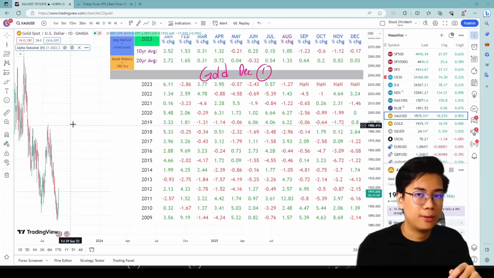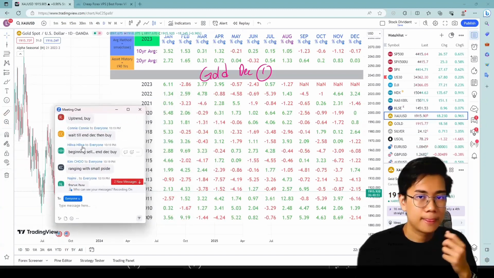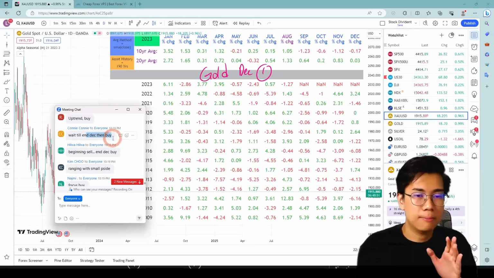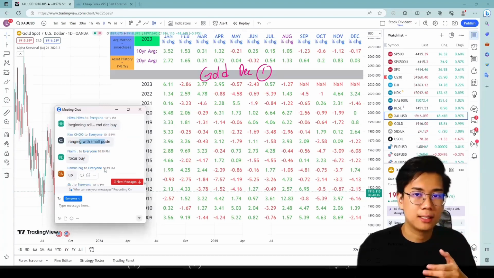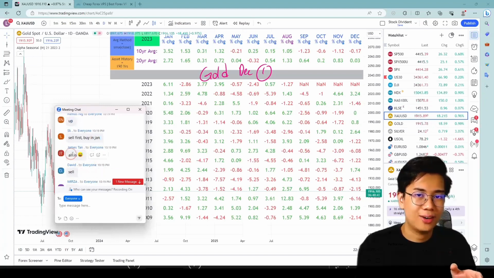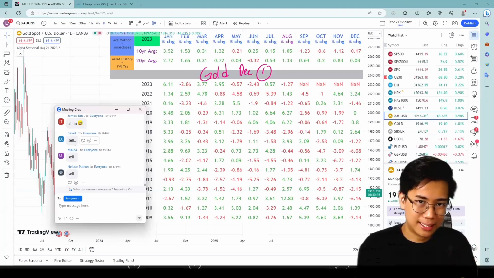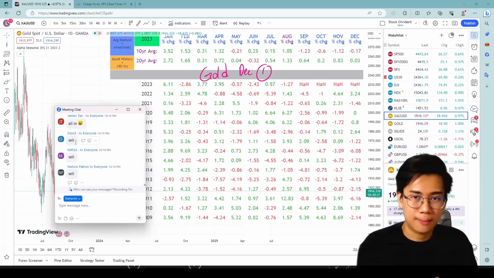Up or down, buy or sell? Wait till the end, then buy. Beginning sell, end of December then you can buy. Ranging small piece, focus to buy, up. Sell first, then buy in January. Some people say sell, some people say buy.